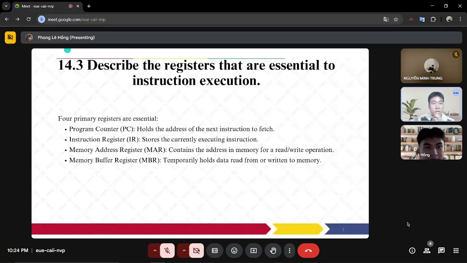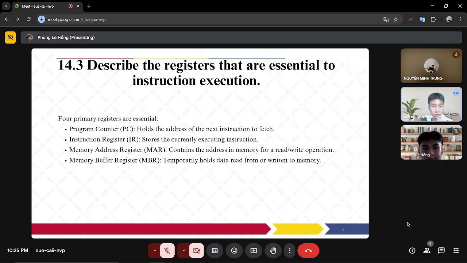14.3. Describe the registers that are essential to instruction execution. Four primary registers are essential. 1. Program counter, PC, holds the address of the next instruction to fetch. 2.